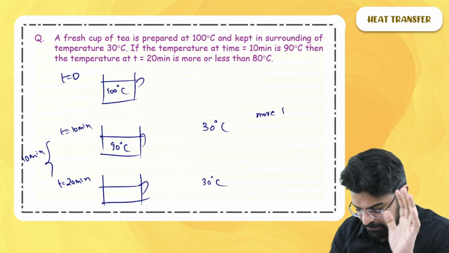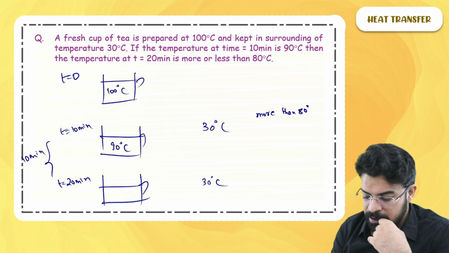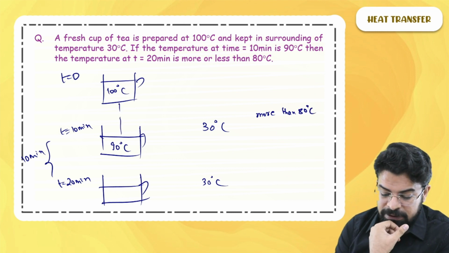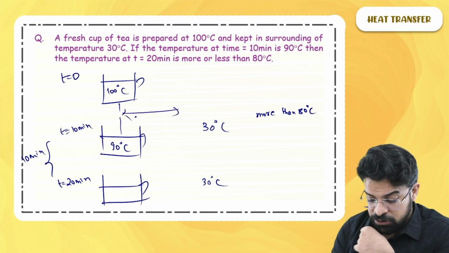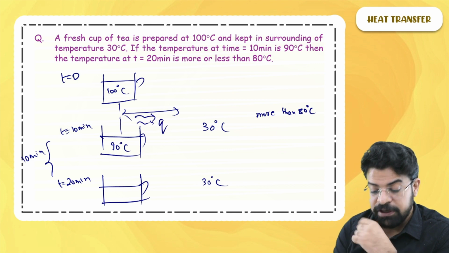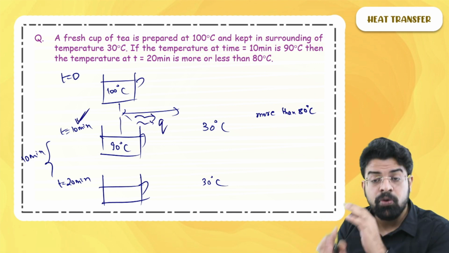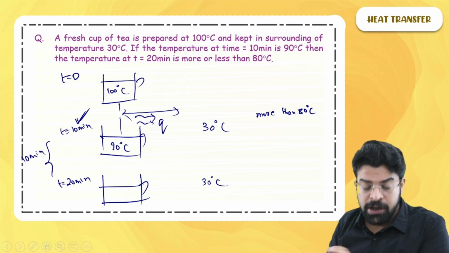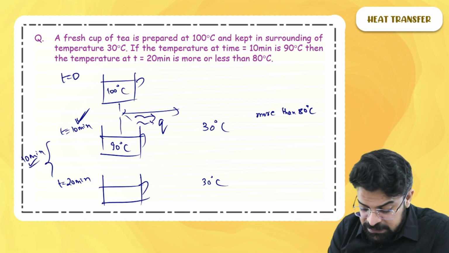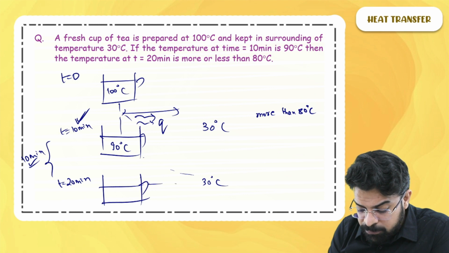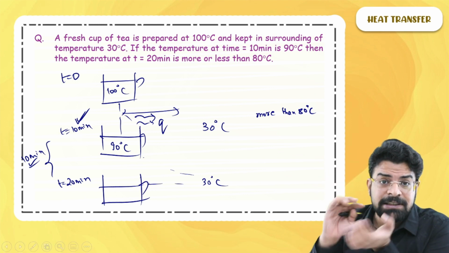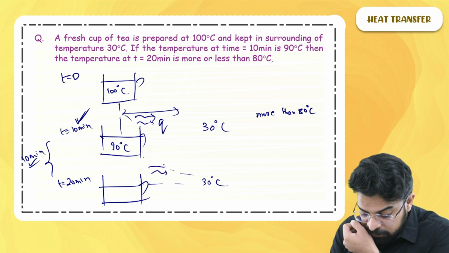Why, sir? Listen. Initially the temperature difference is more, so the rate of heat flow from the cup of tea to the surrounding will be more. So in 10 minutes, more heat would have transferred. In the next 10 minutes, since the temperature difference between the body and the surrounding is decreasing, the rate of heat flow will decrease.